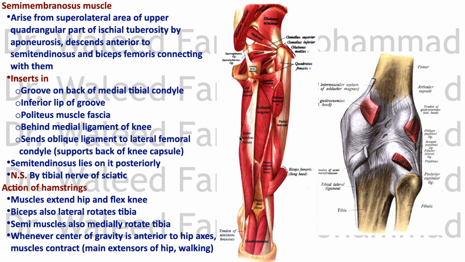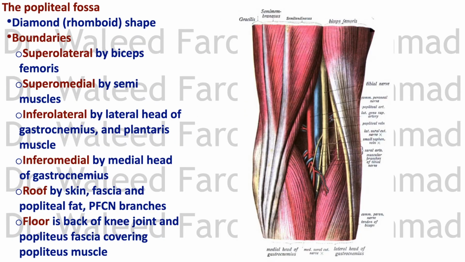They are the active muscles in walking and in extension, the main extensors of the hip, actually. Recall the difference between main extensors and powerful extensors. The most powerful extensor is the gluteus maximus, but it's not the main extensor of the hip.